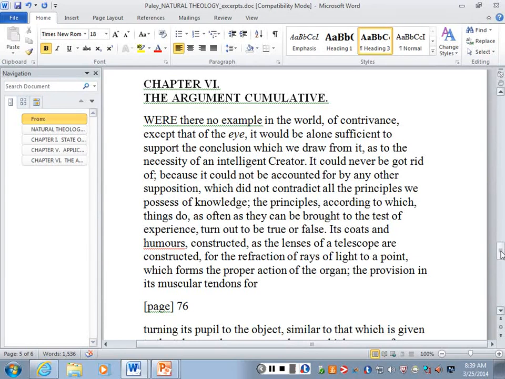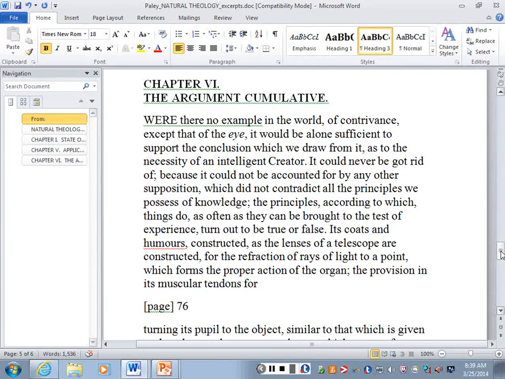So he says, as to the necessity of an intelligent creator, it could never be got rid of because it could not be accounted for by any other supposition which did not contradict all the principles we possess of knowledge. And that's all I'm going to read on that.